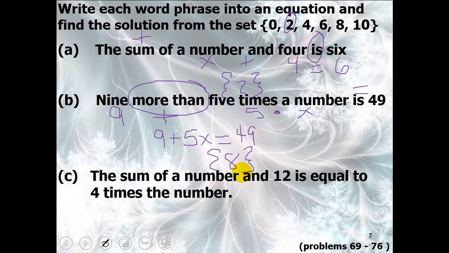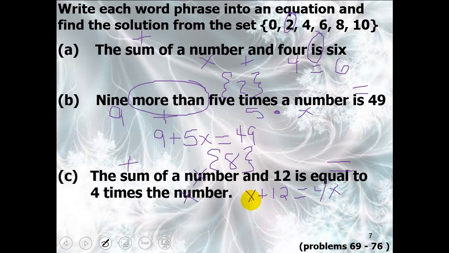The sum, so we're going to be adding something, of a number, there's our variable x, and 12 is equal to 4 times the number. These two things are the same thing. So you're going to plug in the same value here and here.